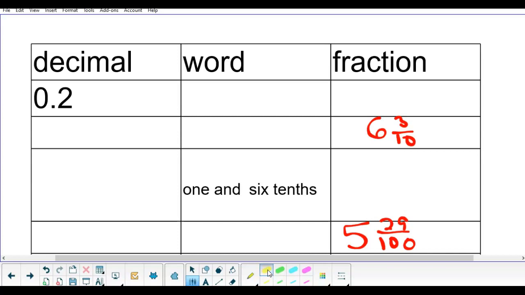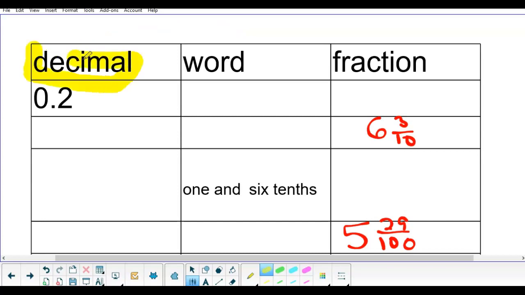Okay, so this is what your classwork and your homework are going to look like tonight. One sheet is going to be all tenths and one is going to be all hundredths. So you can use the tenths as your classwork and then I'll assign the hundredths as your homework. So what we have here is a chart that has numbers written in different forms.